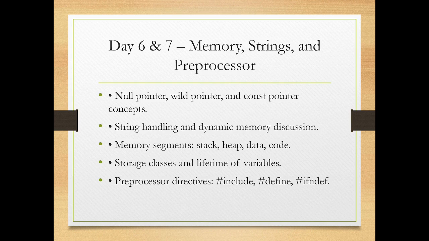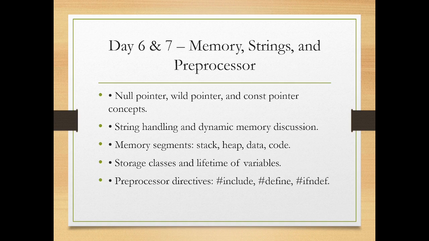Null pointer points to nothing. For example, int asterisk p equals NULL, semicolon. Wild pointer is a pointer declared but not initialized, which contains a garbage address. Const pointer, a pointer whose value cannot be changed once assigned.